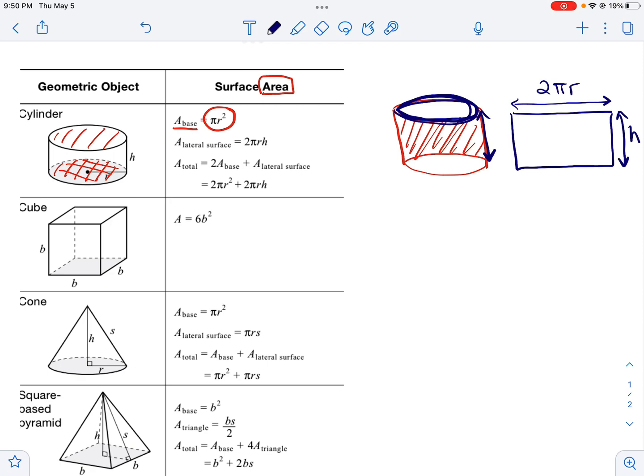So that's why the lateral surface, the sides, is equal to 2 pi r h. Because it's like length times width, basically. 2 pi r times h. So these are just letting you know the two parts of a surface area formula.